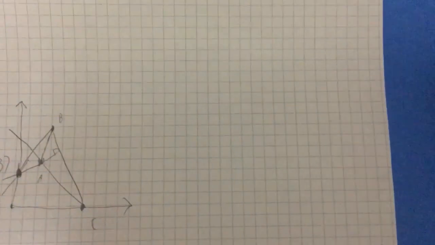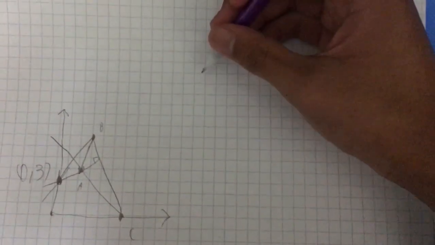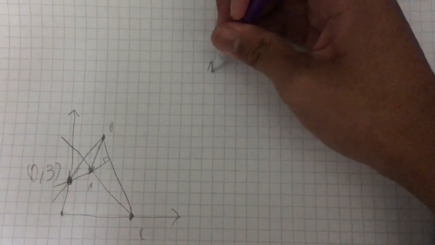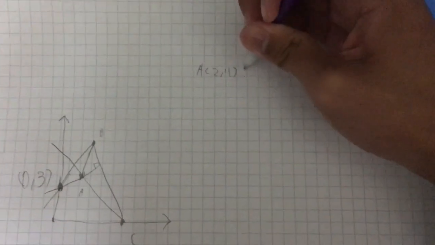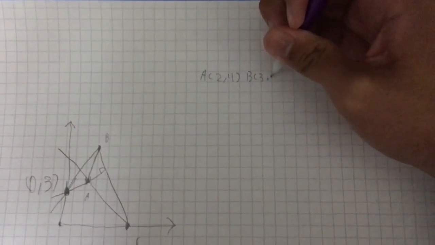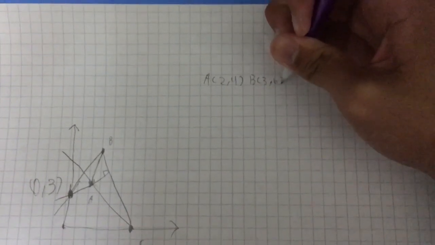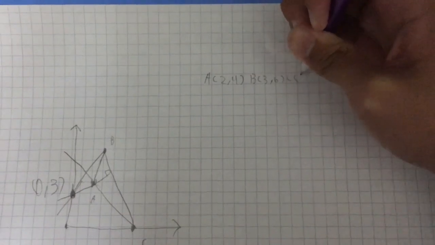So another thing that you could do is graphing, or you can do it mathematically. So AB, we have A 2, 4, B 3, 6, and C, it was 6, 0, right?